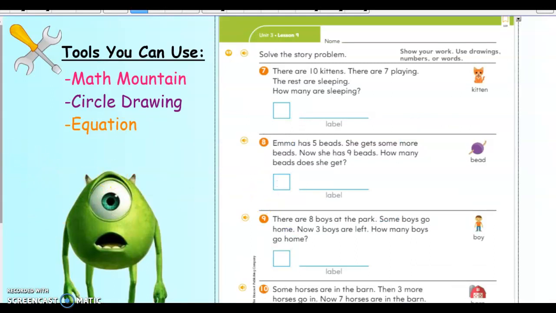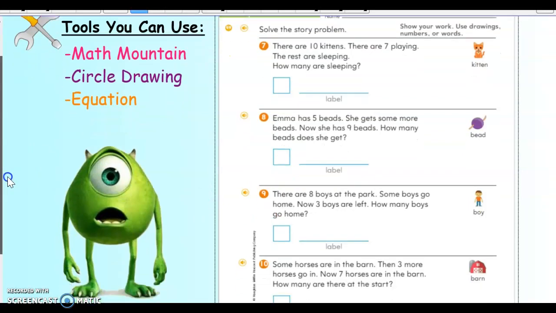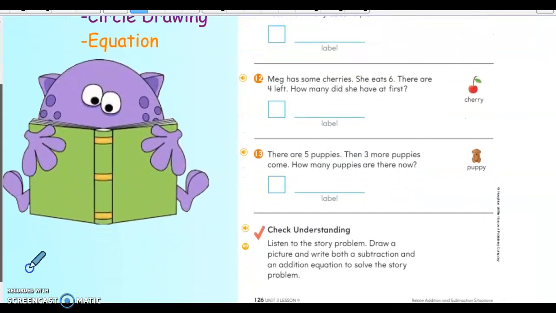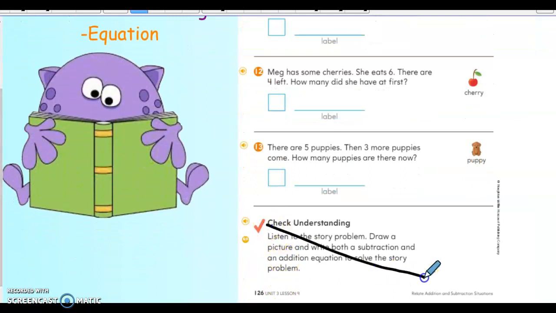So your job is going to be doing 7, 8, 9, and 10 on this page, flipping it over, and doing 11, 12, 13, and you do not have to do check for understanding, okay? So this is kind of like your homework for today, so do those 2 workbook pages, and I will see you tomorrow for another video.